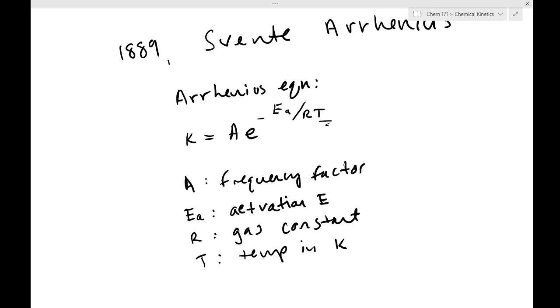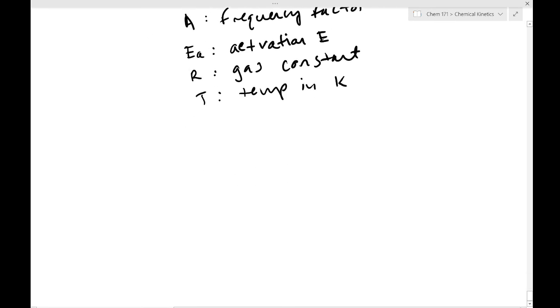Okay, so activation energy. Let's talk about this one first. Activation energy is sometimes called the activation barrier.